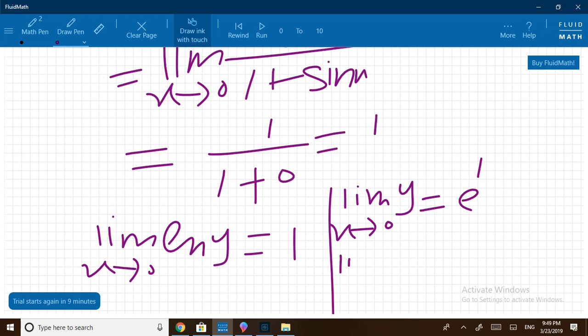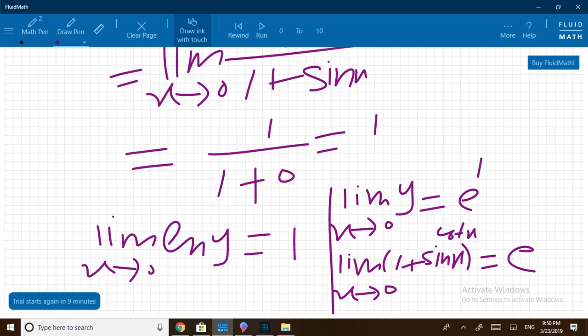What did we let y be? It was (1 plus sin x) raised to the power cot x. So the limit of (1 plus sin x) raised to the power cot x is equal to e. This is the answer to this question.